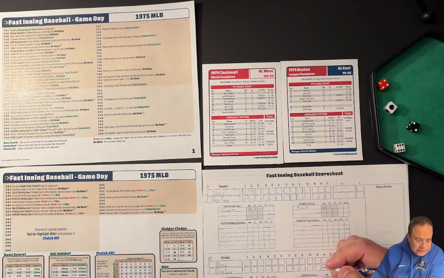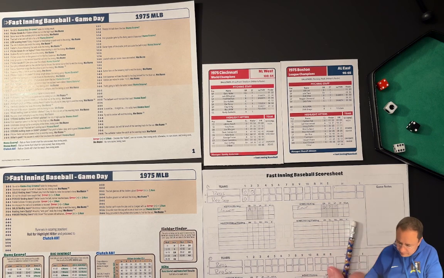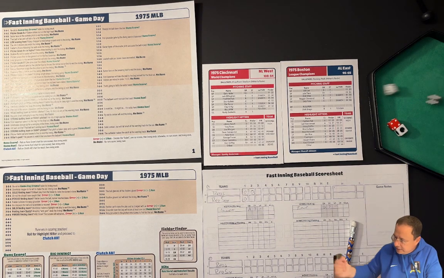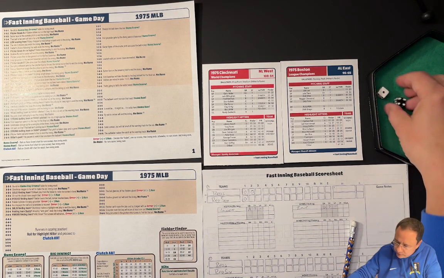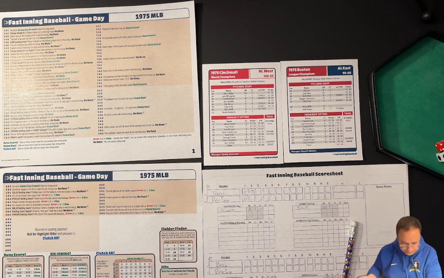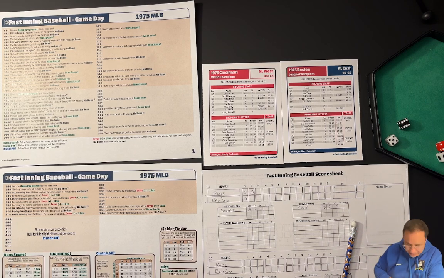Bottom second. 2-4-6. Hard hit and far. That ball isn't coming back. It's a home run. The Red Sox open the scoring. It's going to be a home run for 41, Fred Lynn. Let's see what the result is. And actually, we have our first multi-home run inning of these videos.